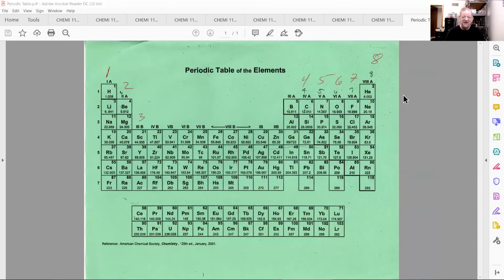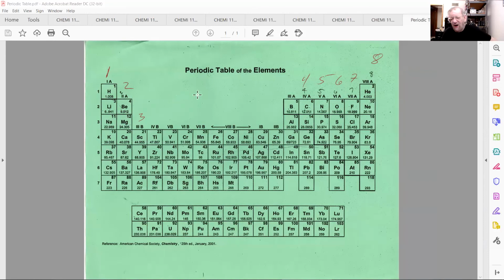If not, someone say something in chat. But anyways, the first column, but not including hydrogen, are the alkali metals. The second column on the left on the periodic table, of which I only asked you to learn magnesium and calcium, are the alkaline earth metals.